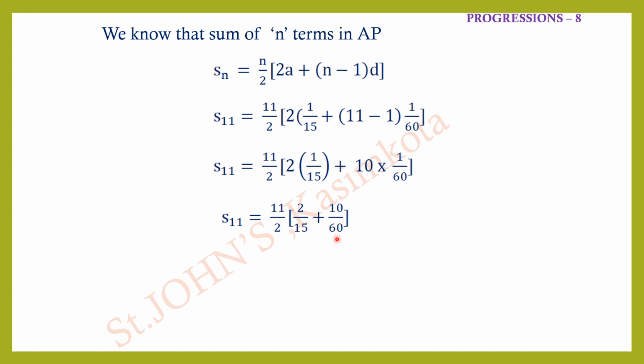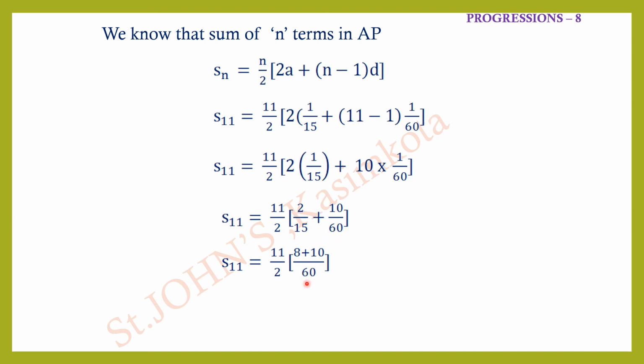These two are divisible, 15 table and 60 table. So the least common multiple is 60, because 15 fours are 60 and 60 ones are 60. Then S11 is equal to 11 by 2 into the LCM, which is 60. In the 15 table, 4 times 60, 4 into 2 is 8.